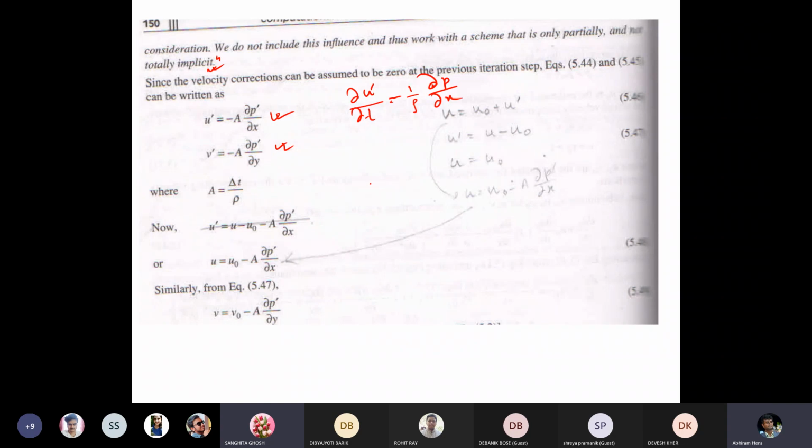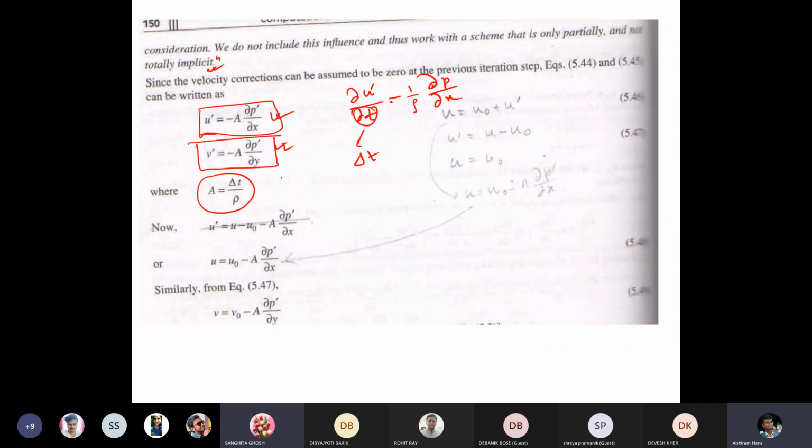Now you can simplify it. If you consider a finite time step, instead of this delta t you can write delta t, and if you write u dot in a finite form, u dot will be equal to minus a del p del x, where minus a is equal to delta t by rho. This is one part, and similarly you can do it for the v component. So v dot equals minus a del p dot del y.